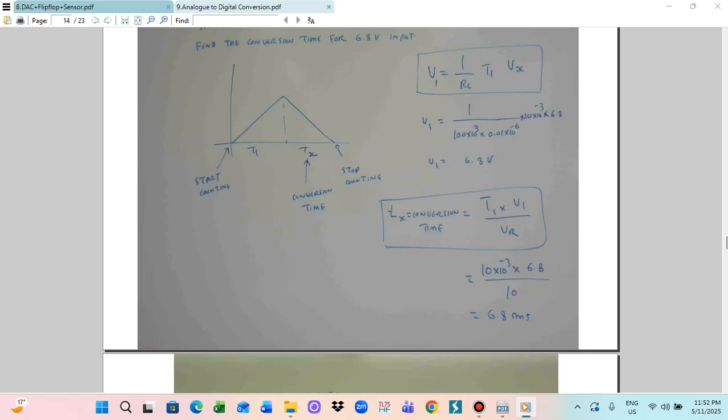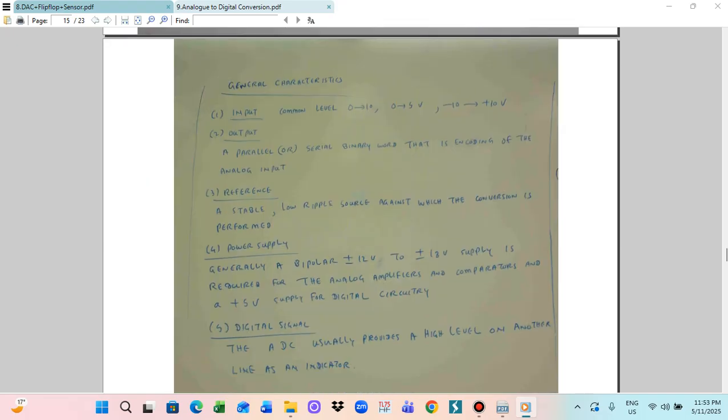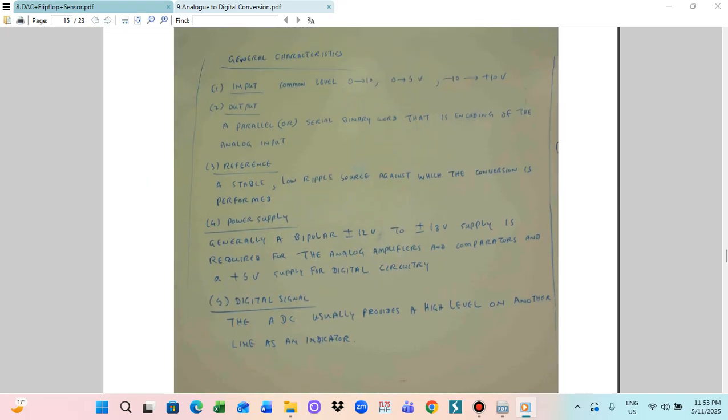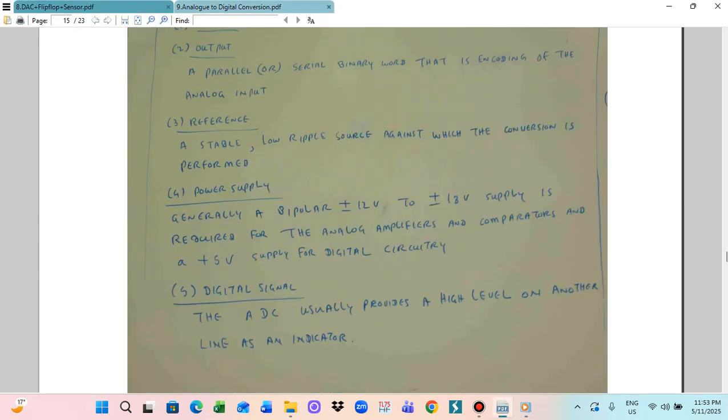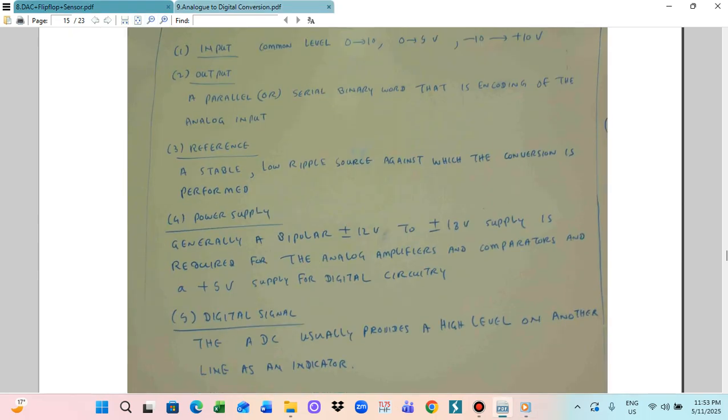This circuit also has general characteristics. The input is a common level voltage, which we give as 0 to 10 volt, 0 to 5 volt, or minus 10 to plus 10 volt. The output will be parallel or series binary, coming out from the output. The reference is stable with a low ripple source, which is important.